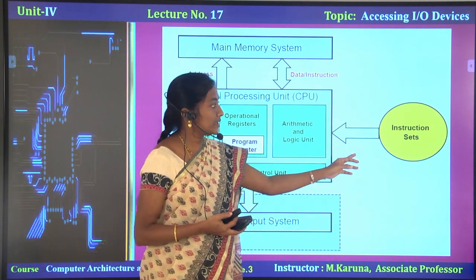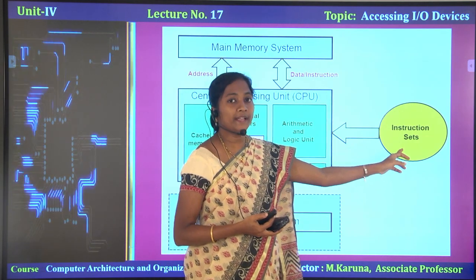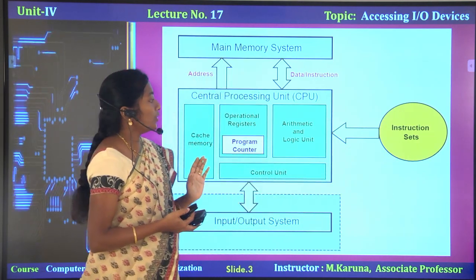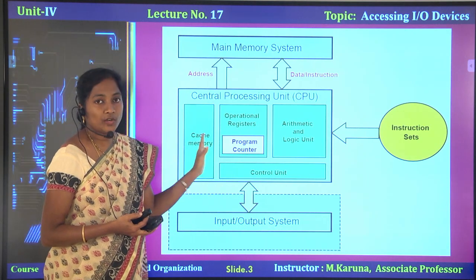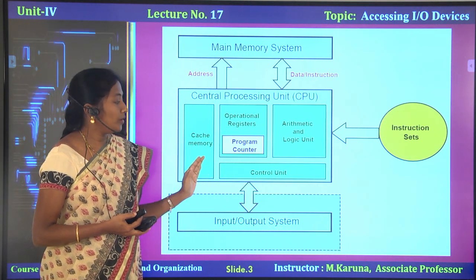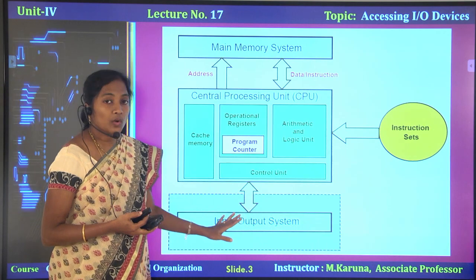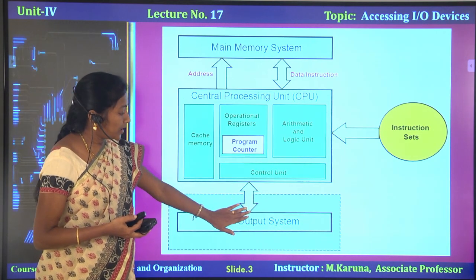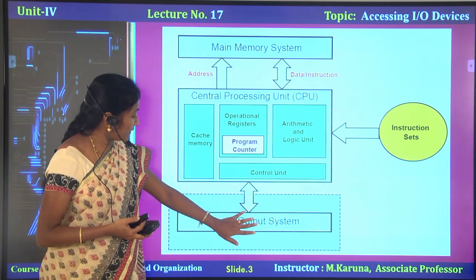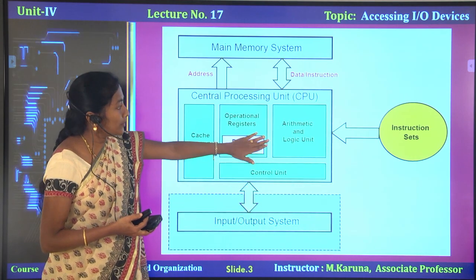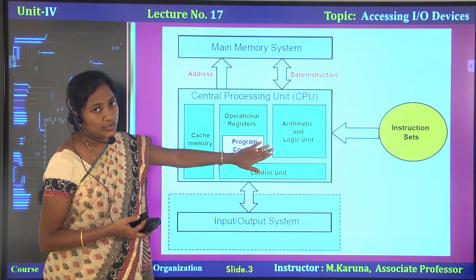This is the program memory that contains instruction sets. So this is the structure of the processor. In this structure we will concentrate on the connection between I/O devices and the central processing unit.